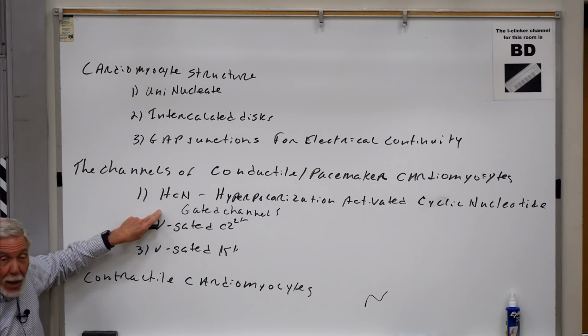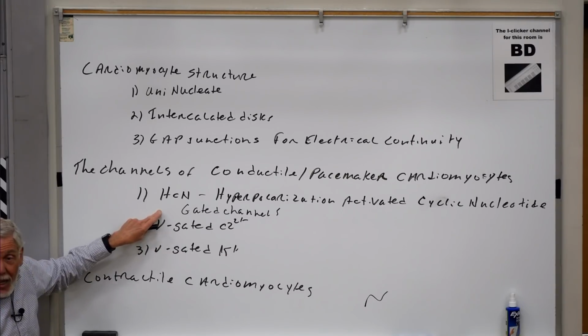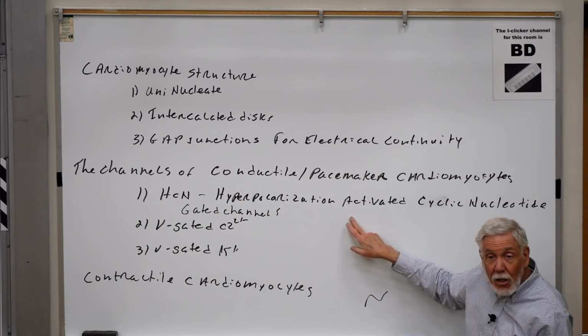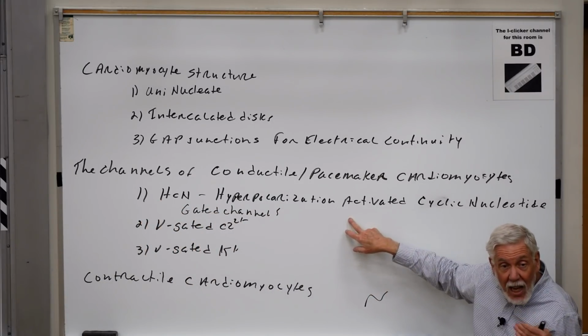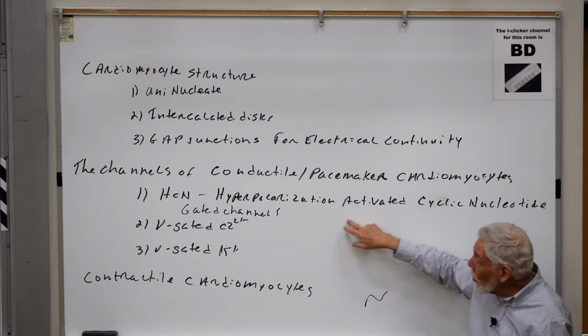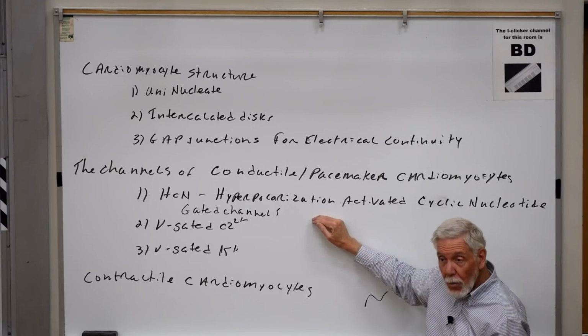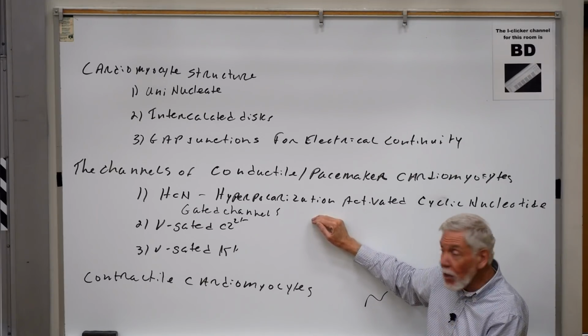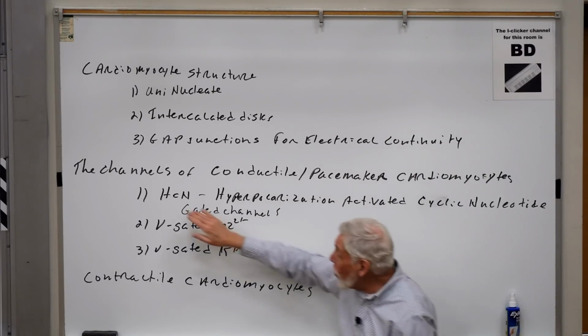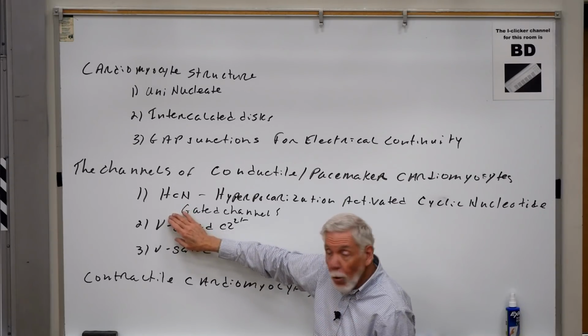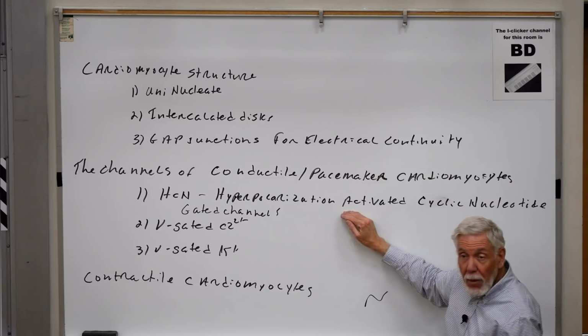It's turned on by a hyperpolarization. So it's voltage sensitive, but in addition, these channels are also gated by a cyclic nucleotide. There's effectively a cytoplasmic molecule, cyclic AMP, that acts almost like a neurotransmitter to open these channels on the cytoplasmic side of the membrane. The more cyclic nucleotide we have, and the more hyperpolarization we have, the greater the probability these channels will open.